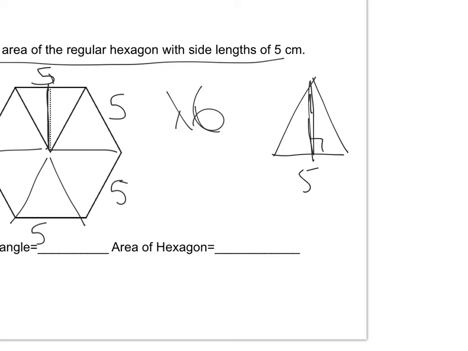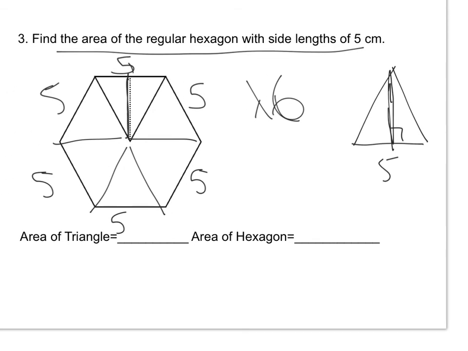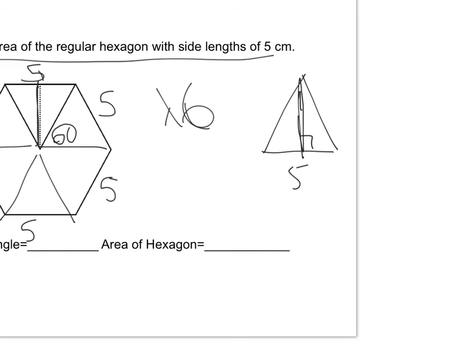Now what's my central angle? As we just figured out before, it would be 60. So when I split it, that makes that 30. That makes this one 60. And that means this side right here is going to be 2.5, because all I did was take 5 divided by 2.